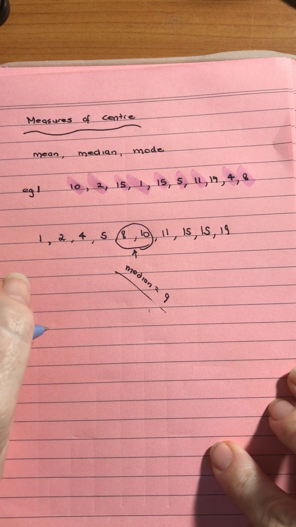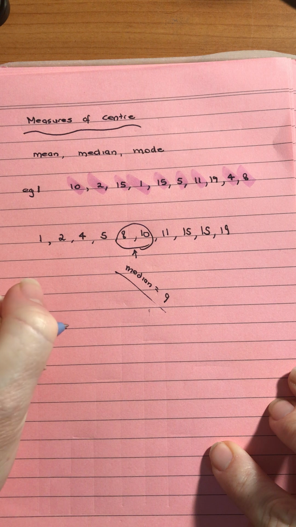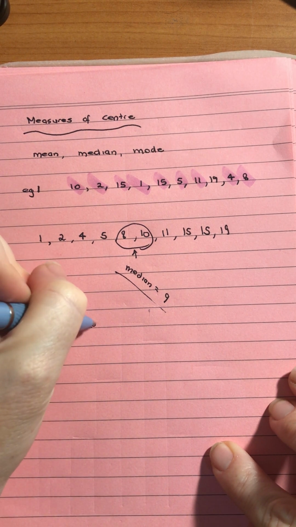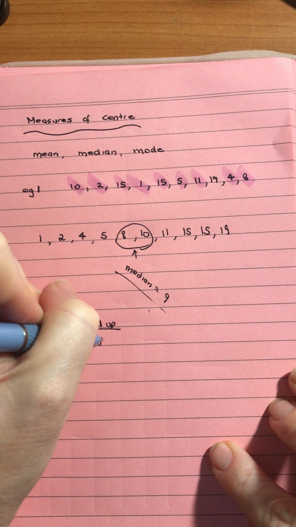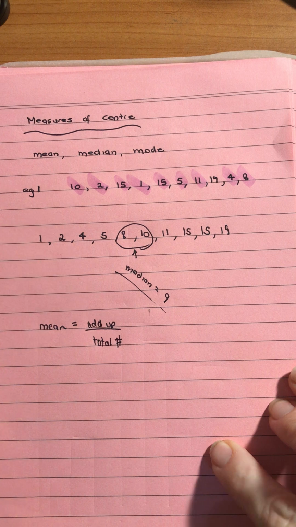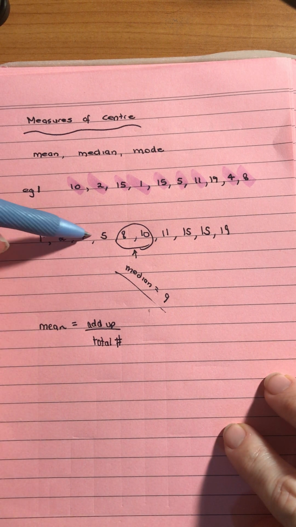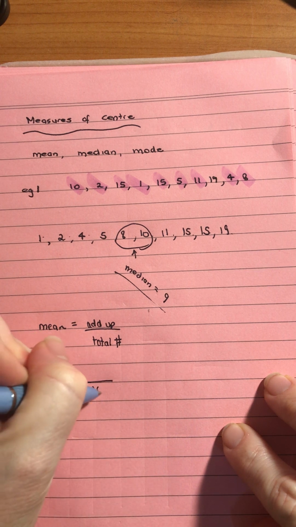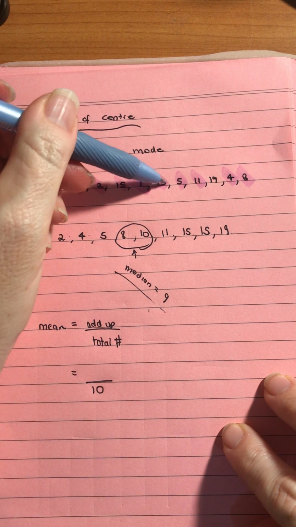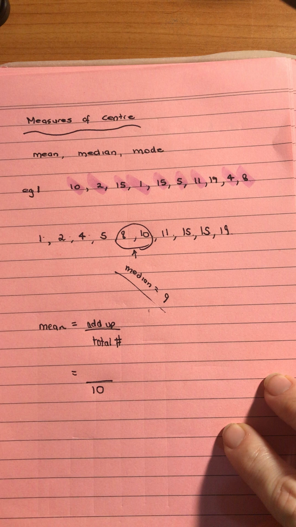My next step, I'm going to find my mean. Now that's where I need to add them all up and divide by how many there are. So I know that I had 1, 2, 3, 4, 5, 6, 7, 8, 9, 10 scores there. So I know I'm going to divide by 10. Always do a double check.